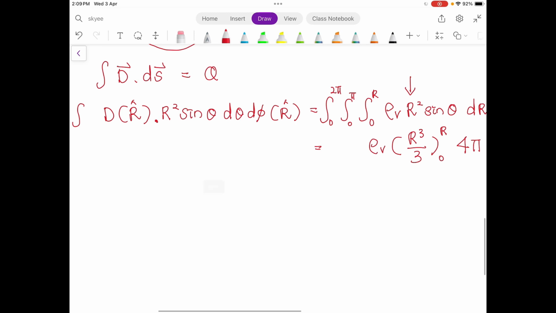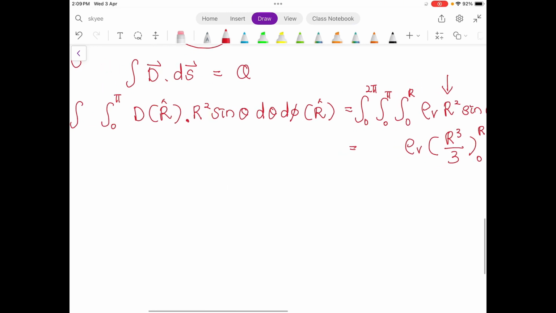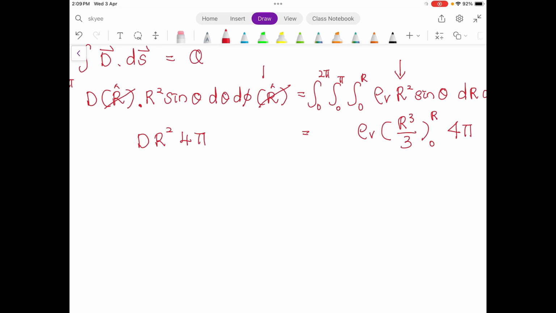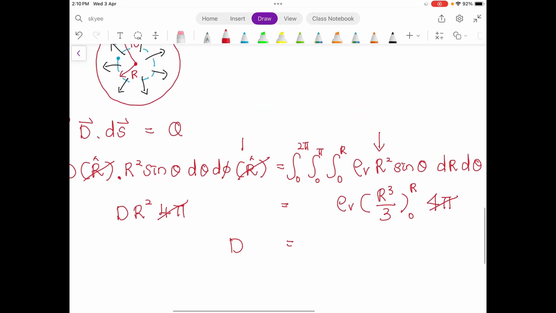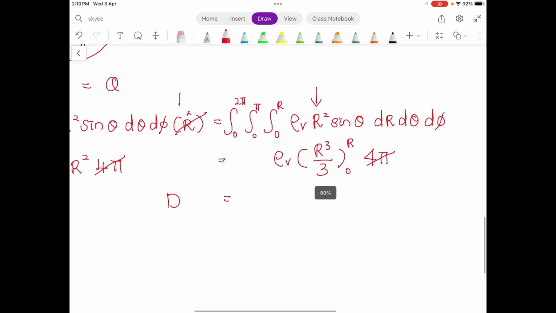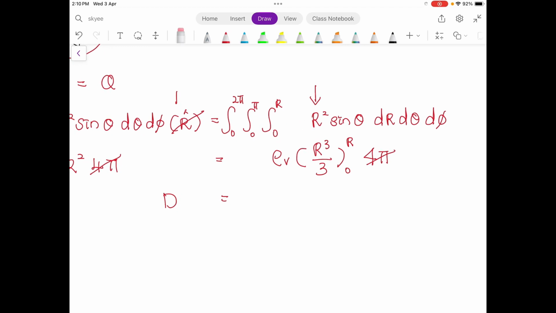For this part, you will have D R squared and 4 pi, so you can cancel this part. Oh yeah, I forgot the rho v over here. The rho v is 2r, I should specify here. So meaning that you have 3r.